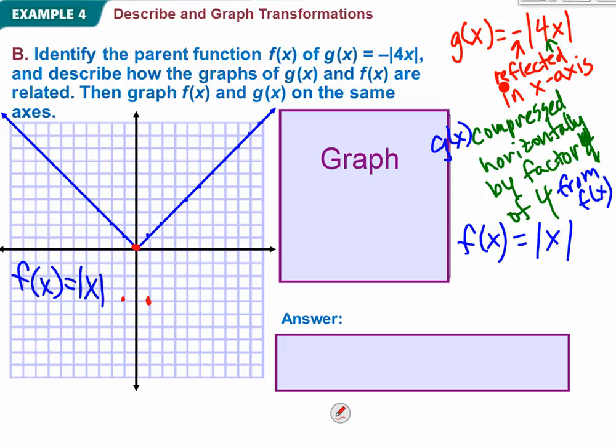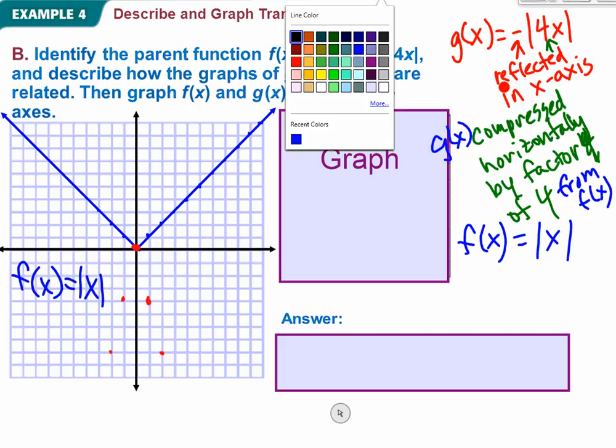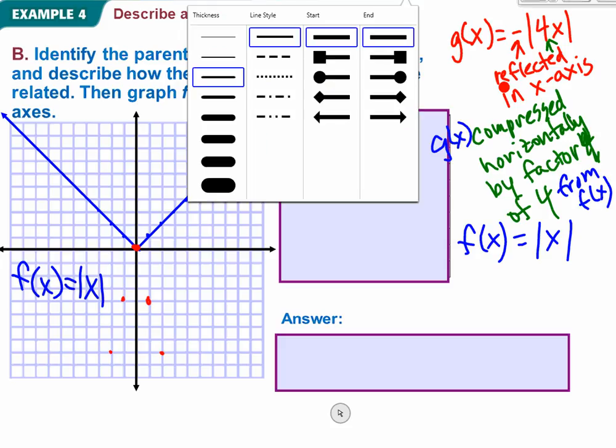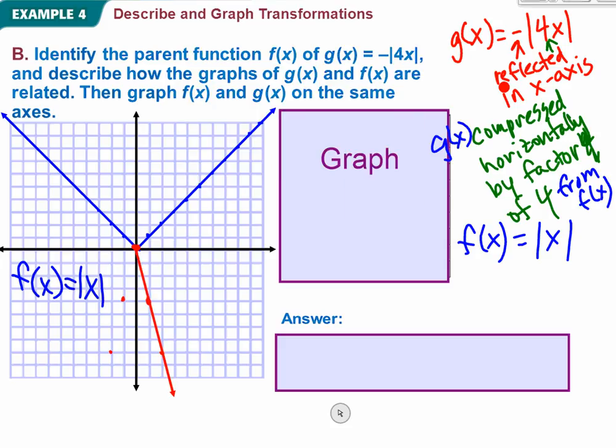And 2, I can fit 2 on mine. At 2, 4 times 2 is 8. Absolute value of 8 is 8. And then it's going to be negative, and my graphs go to 10 there. And so then I can graph that line as well. And I'll graph it in this color. And maybe I can just do that too.